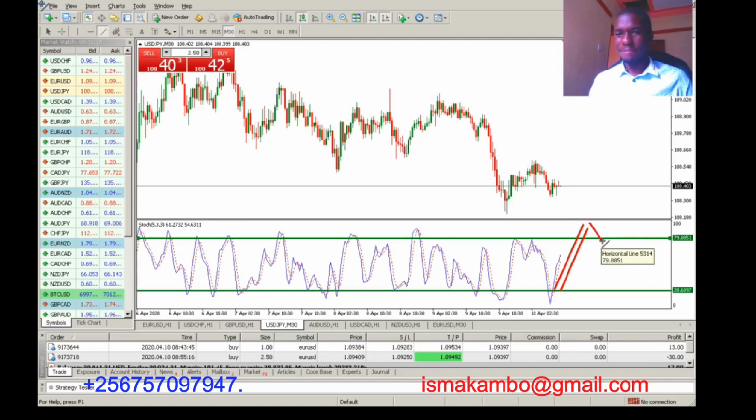When both of the lines come out slightly like this, one is very fast, like you see, the stochastic is very fast. When the two of these come out, they should all come out, not one coming out in particular.